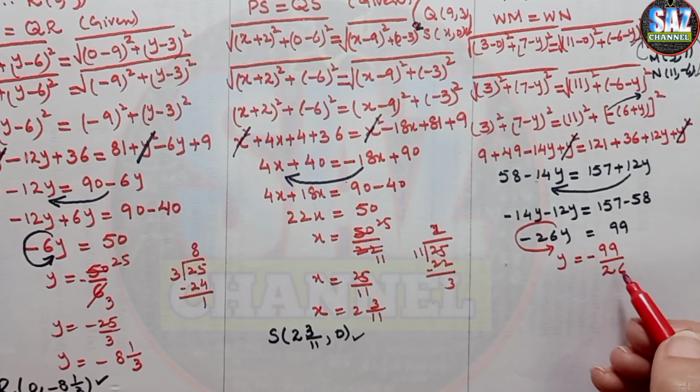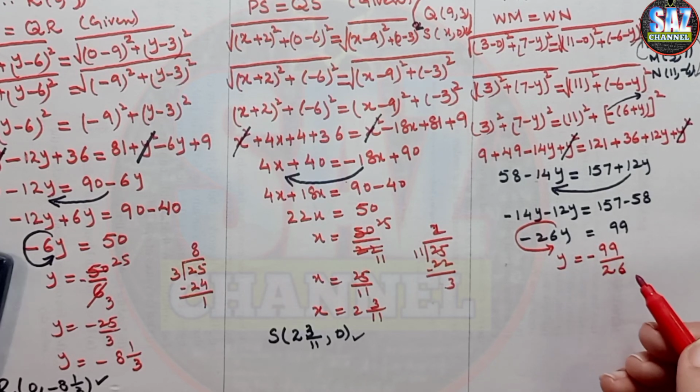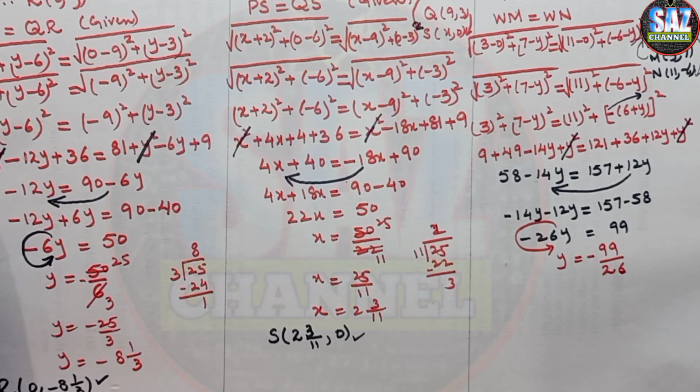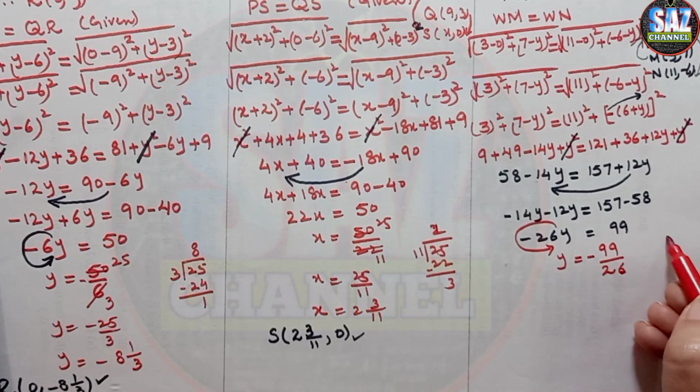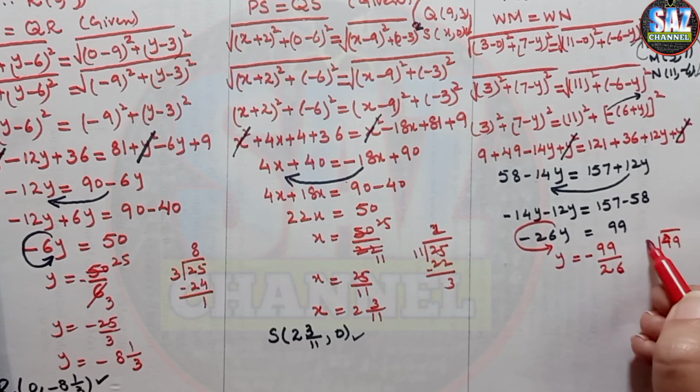Now see, 99 is an odd number and 26 is even. We cannot divide it, but what we can do is turn it into a mixed number. 99 divided by 26.